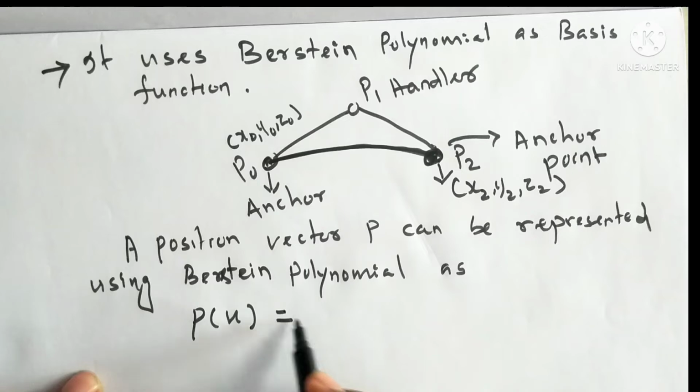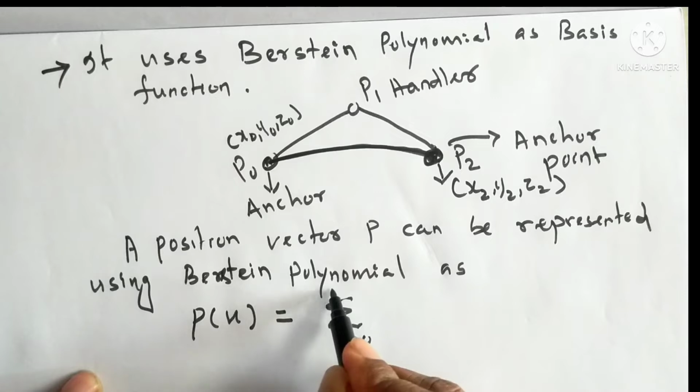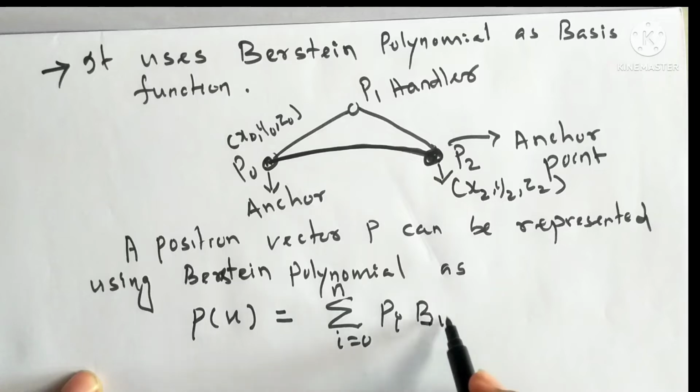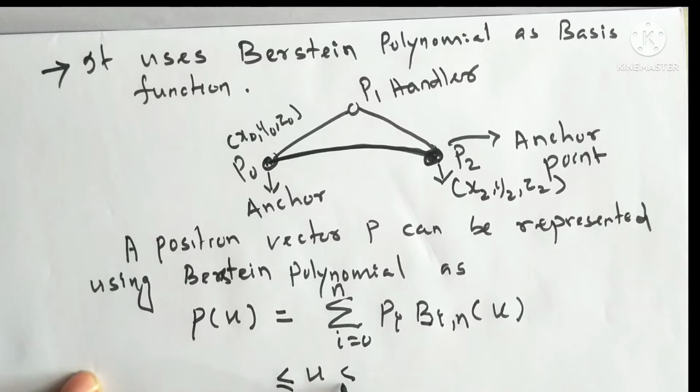P of u equals the summation over i from 0 to n, where n is the degree of the polynomial, of Pi times the Bernstein value B i,n of u. The value of u lies between 0 and 1, and n is the degree of the polynomial.